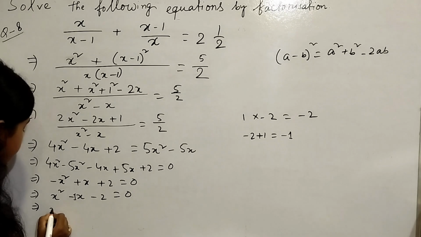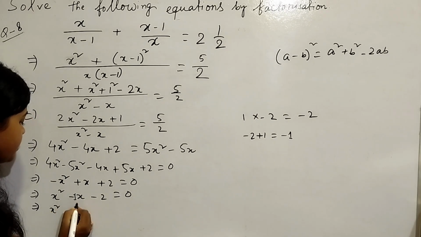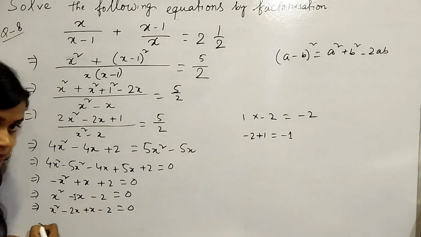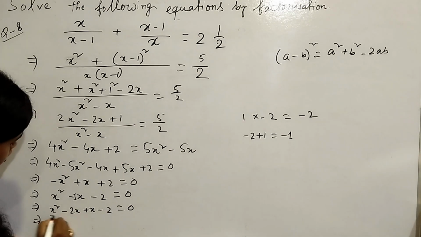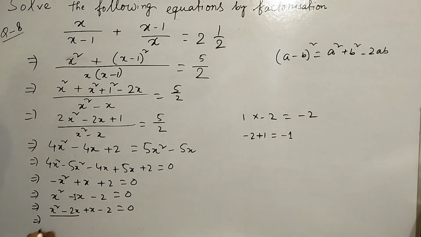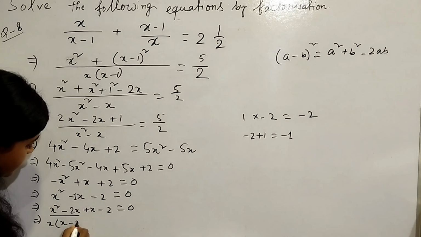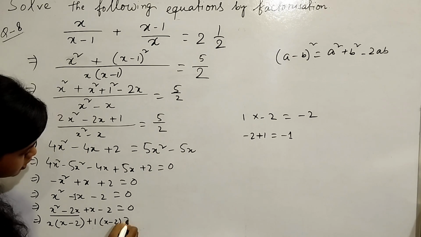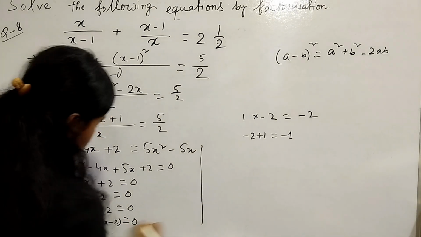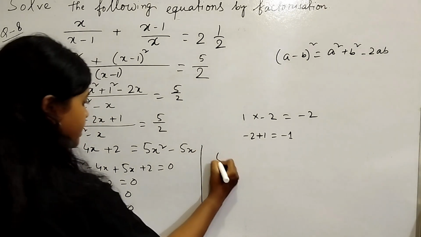So x square minus 1x can be written as x square minus 2x plus x minus 2 equals 0. Take common from these two terms. We get x as common, and here x minus 2 remains, and here 1 into x minus 2 equals 0.